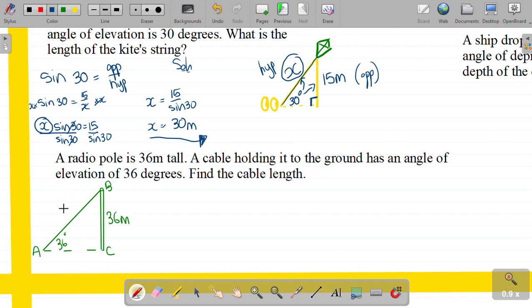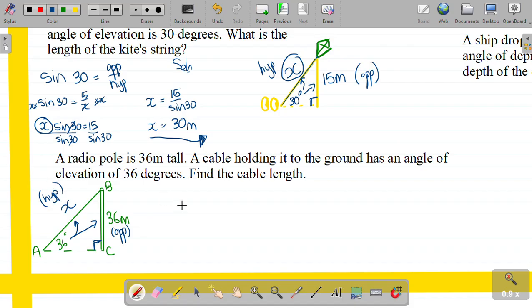So they are wanting us once again to determine this length over here. Let's go and do that. So if I have my angle, this again would obviously be our right angle. This would be our opposite, and this would be what, guys? Our hypotenuse.